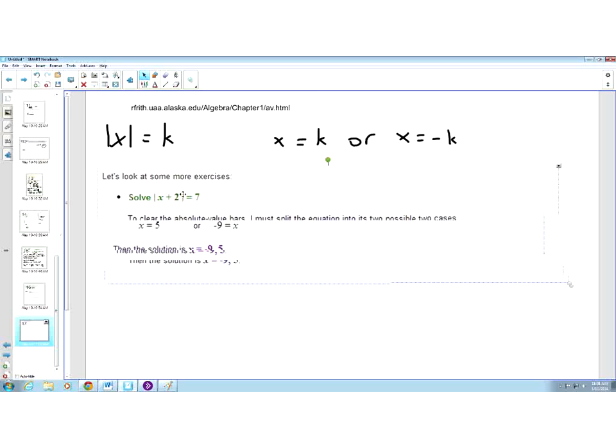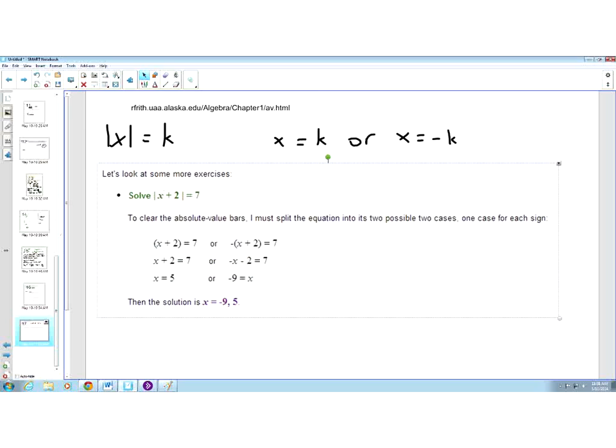Consider this example: solve absolute value of x plus 2 is equal to 7. You can see the solution there.